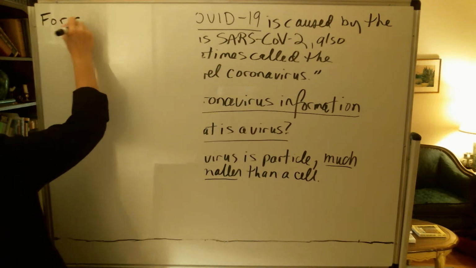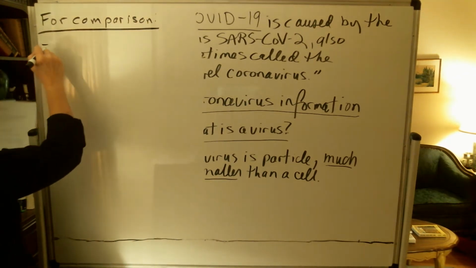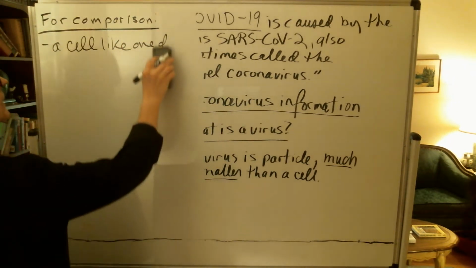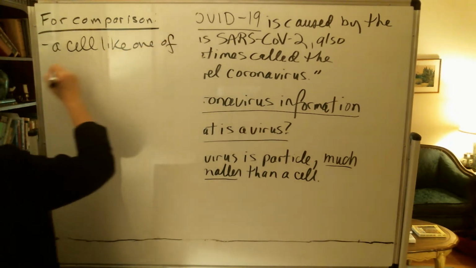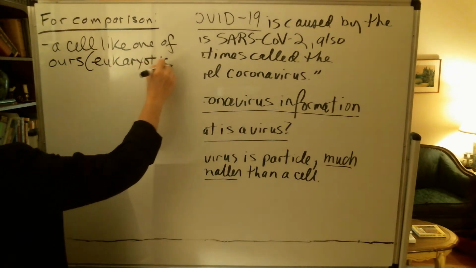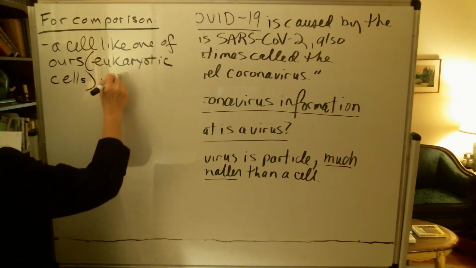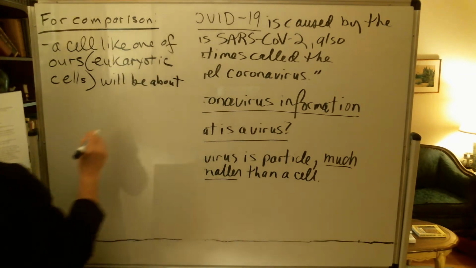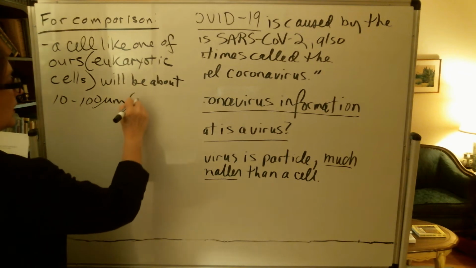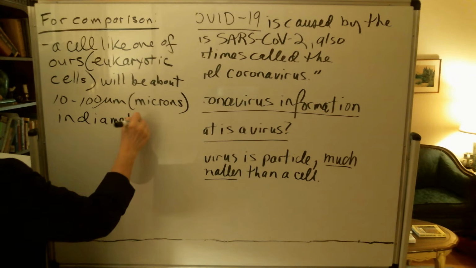So, for comparison, a cell like one of ours, and these are known as eukaryotic cells, will be about 10 to 100 micrometers or microns in diameter.